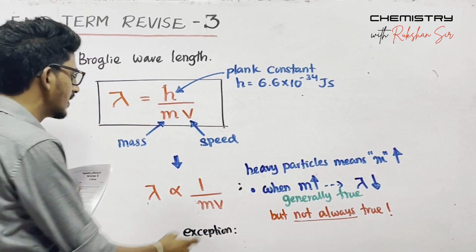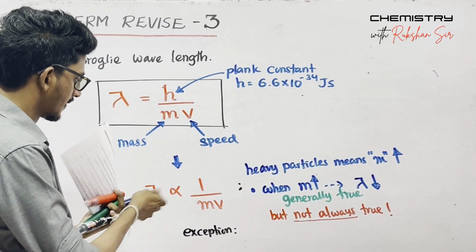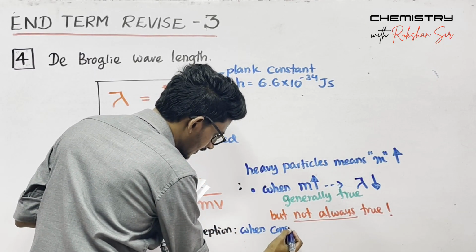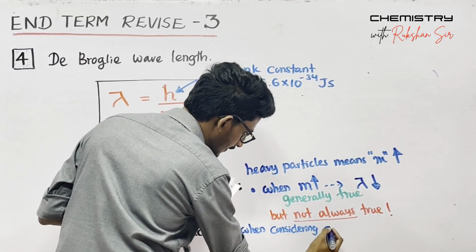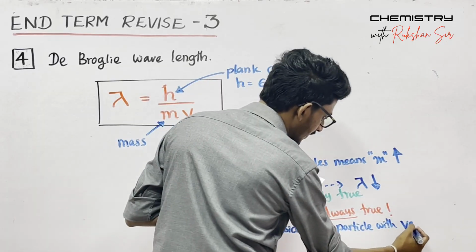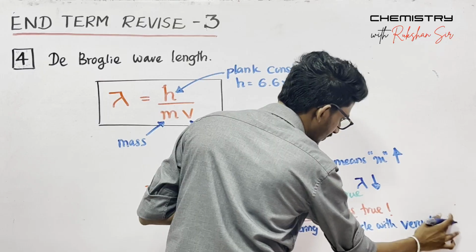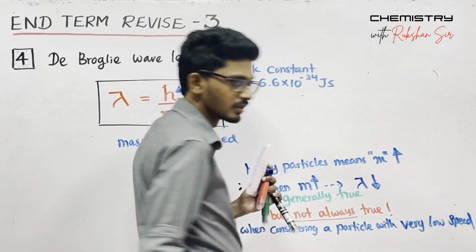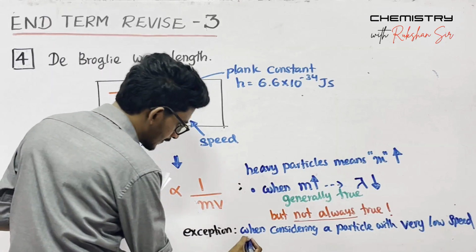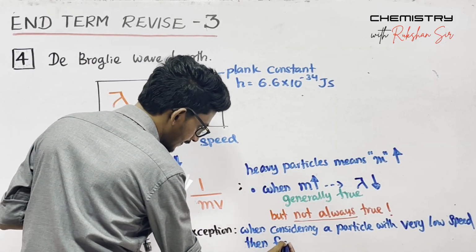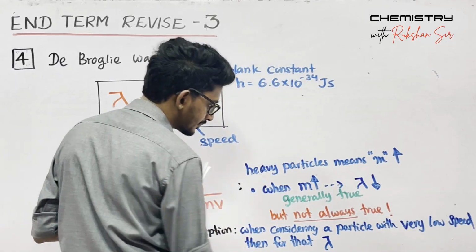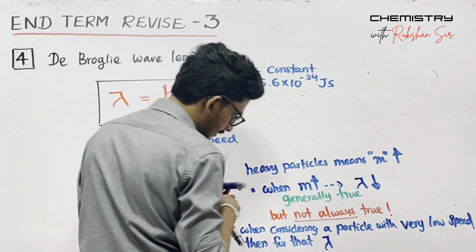When considering a particle with very low speed, lambda could be high.